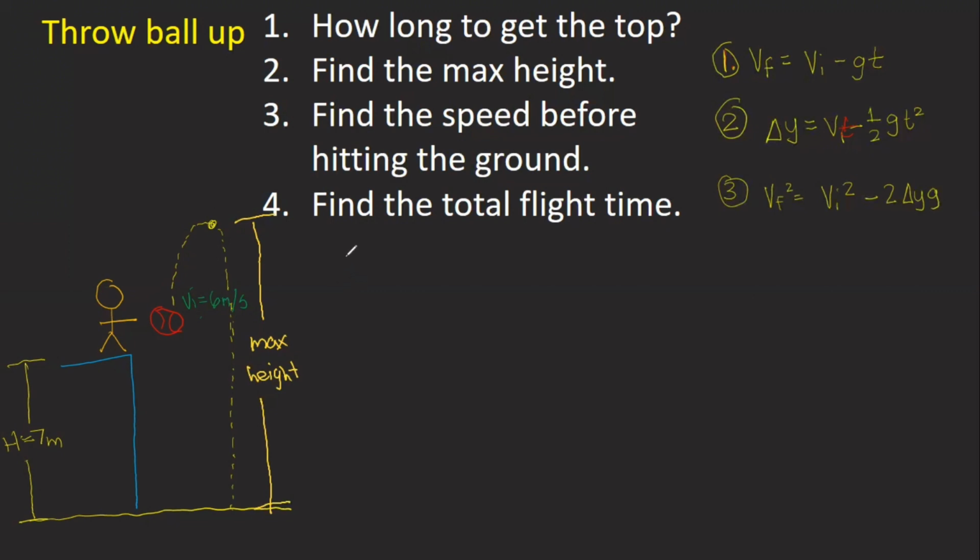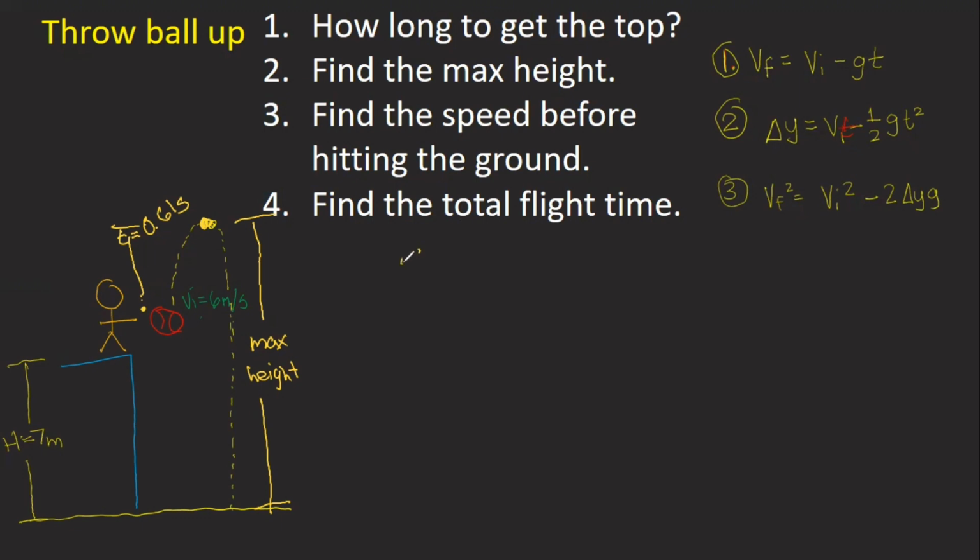We already know the value of time to reach the top, which is 0.61 seconds. It is starting from this point to this point, so that is 0.61 seconds. We can use the time from this point to this point because this is the maximum height. So let's try to solve for it.